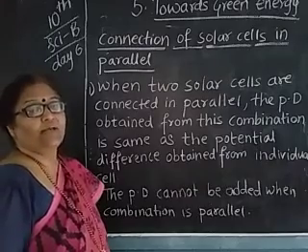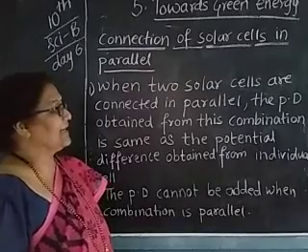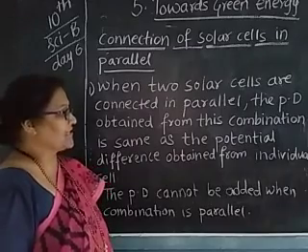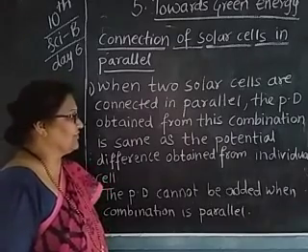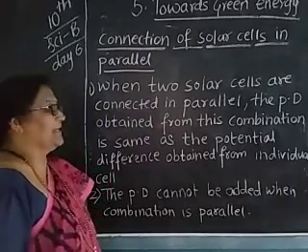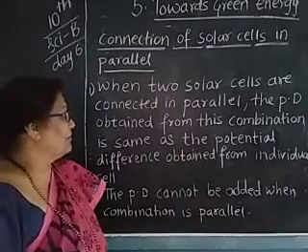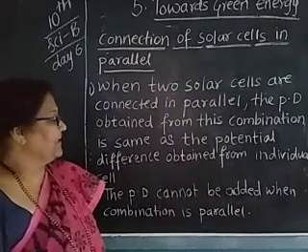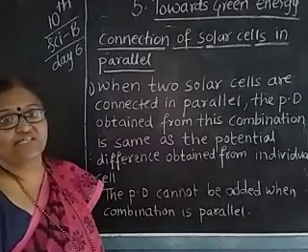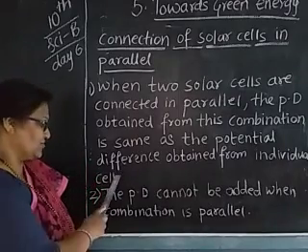That means whenever the cells are connected in parallel, a potential difference is produced, and it is the same as the potential difference obtained from the individual cell.